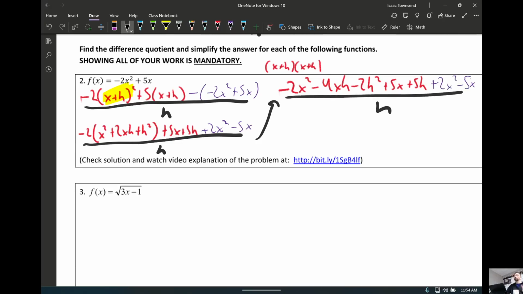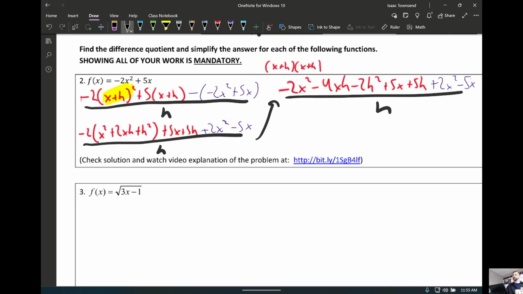Okay, so if you had just walked into class just now, it would probably look pretty intimidating. But again, the setup, we're going to practice every single question. And what I've done since then is I foiled this, distributed a 5, distributed a negative, and then distributed -2. All things you guys have done for a long time.